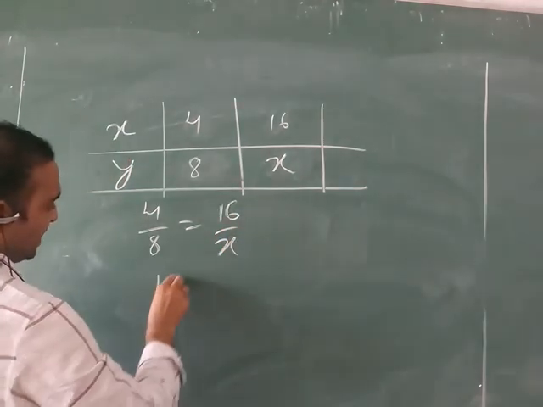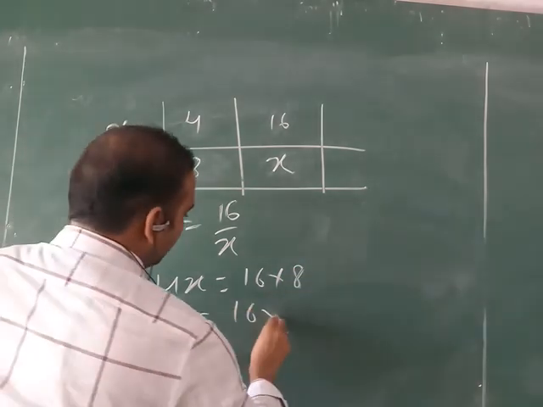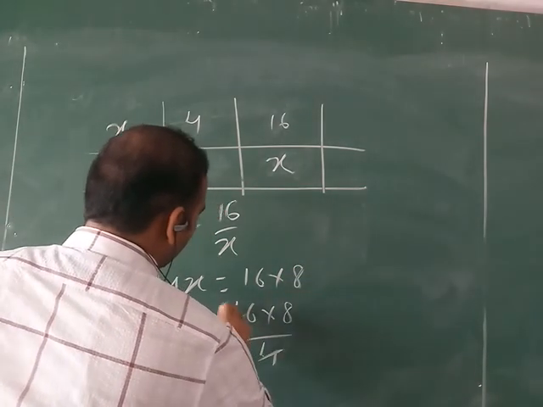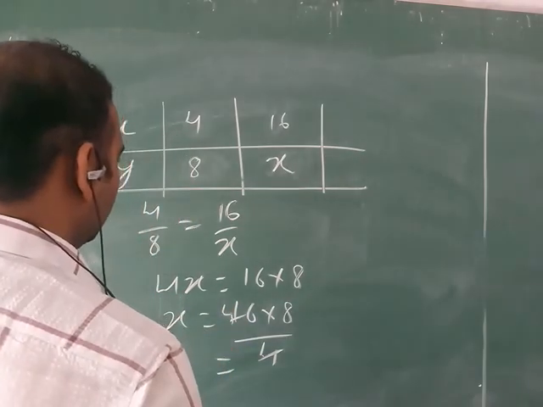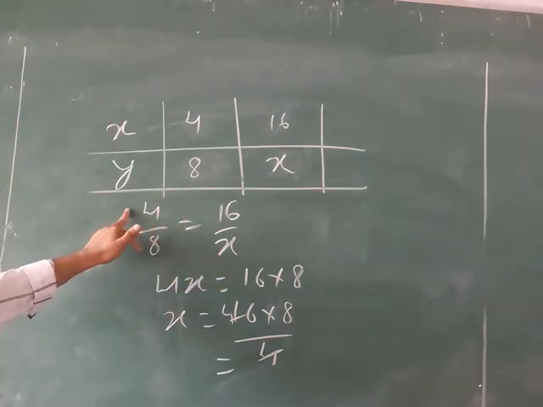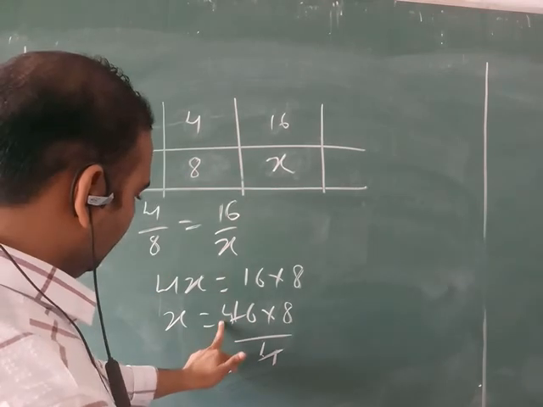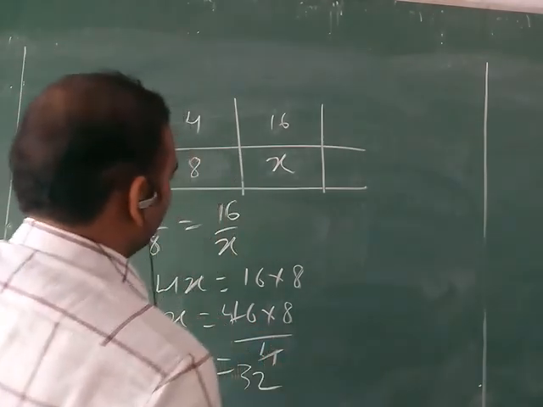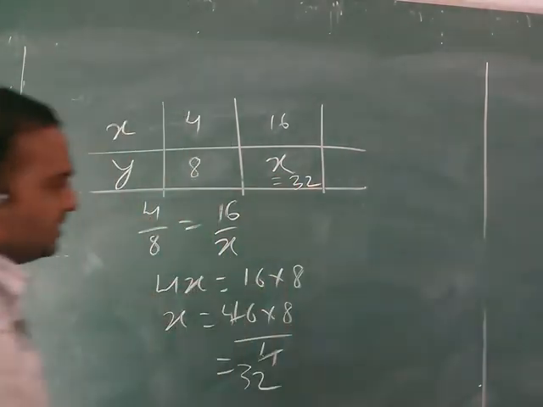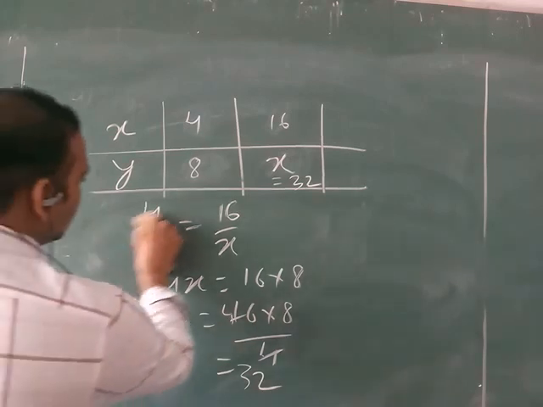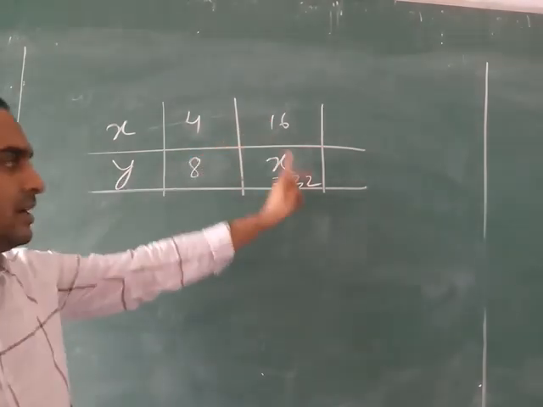By cross multiplication, 4x equals 16 into 8, so x is equal to 16 into 8 by 4, that is 32. This means ratios are constant: 4 by 8 equals 1 by 2, and 16 by 32 equals 1 by 2.